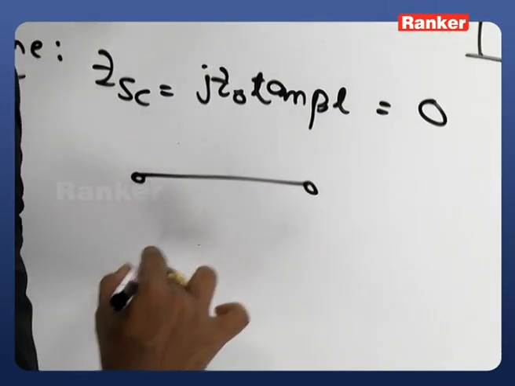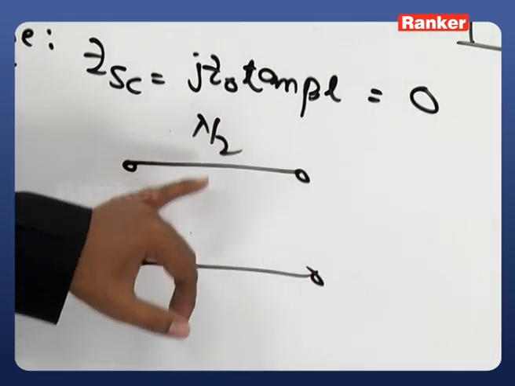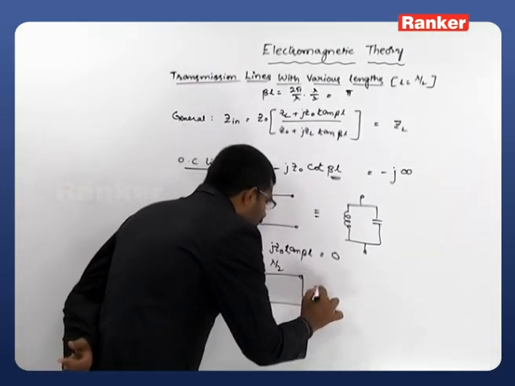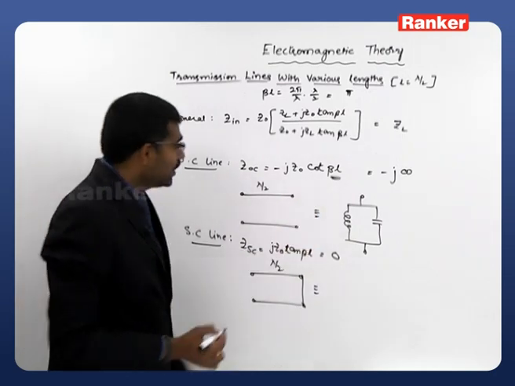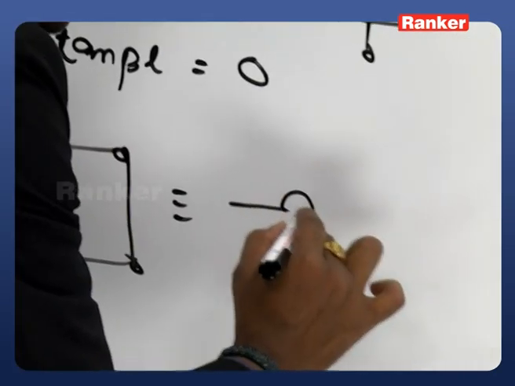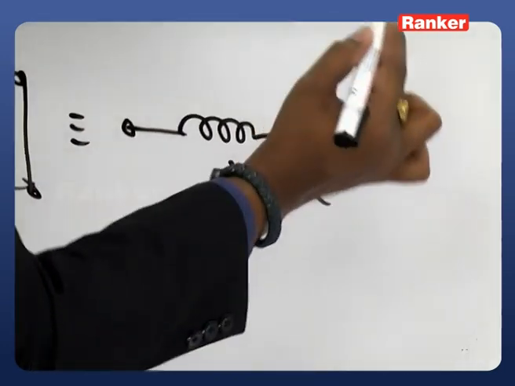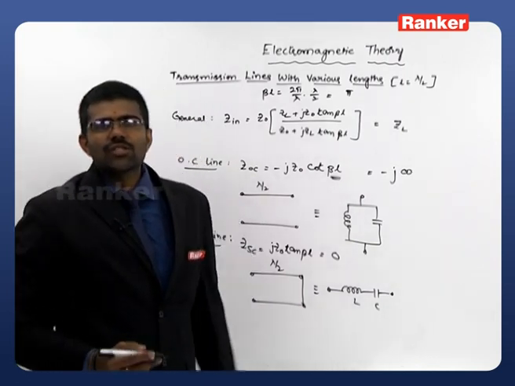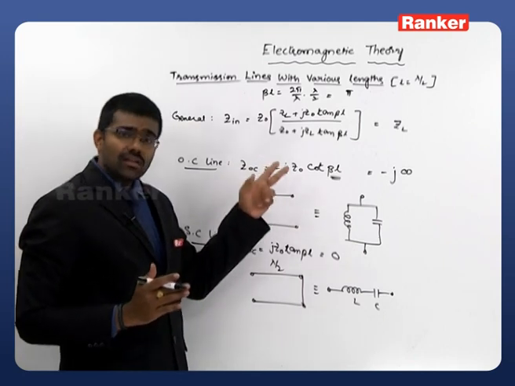I am considering a transmission line with length lambda by 2 and it is shorted with a plate. Then this can be used for obtaining the same effect of our series LC circuit.